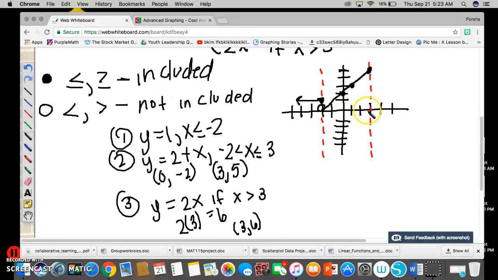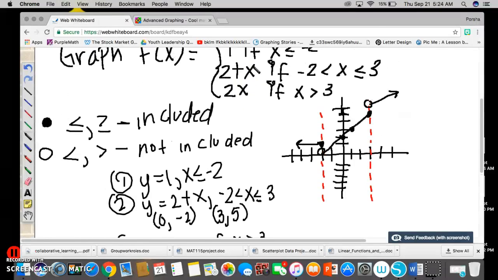So here, go over 3, up 6. So at 3, 6, I'm going to put an open circle. We're going to take our line out this way because it said greater than 3. So x is greater than 3, so it goes to the right of the graph for all values greater than 3. Alright, so this is our example.